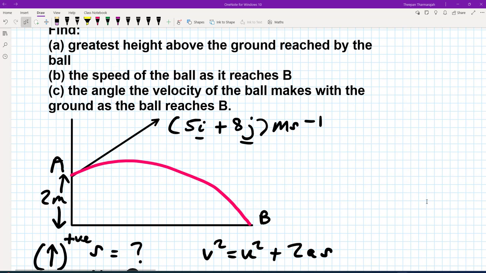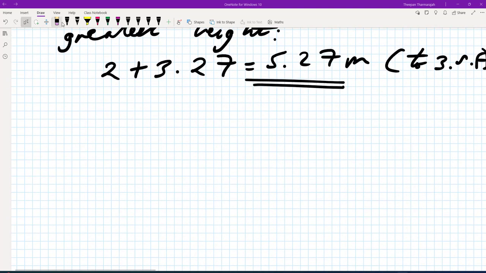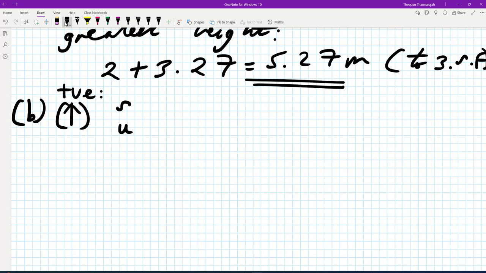Now for part B, the question says to find the speed of the ball as it reaches B. Now we need to find its horizontal component and its vertical component. Horizontally, the velocity doesn't change. It will remain at 5, but we need to find the vertical component. So we're going to take upwards as positive again and use suvat.